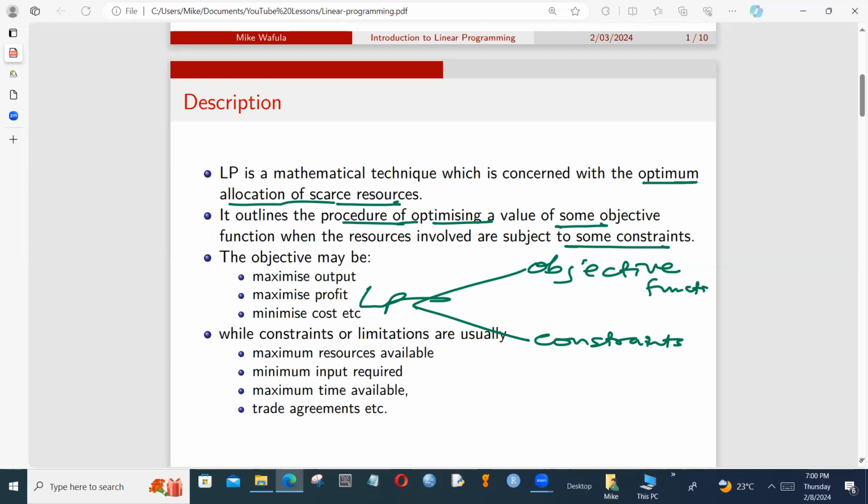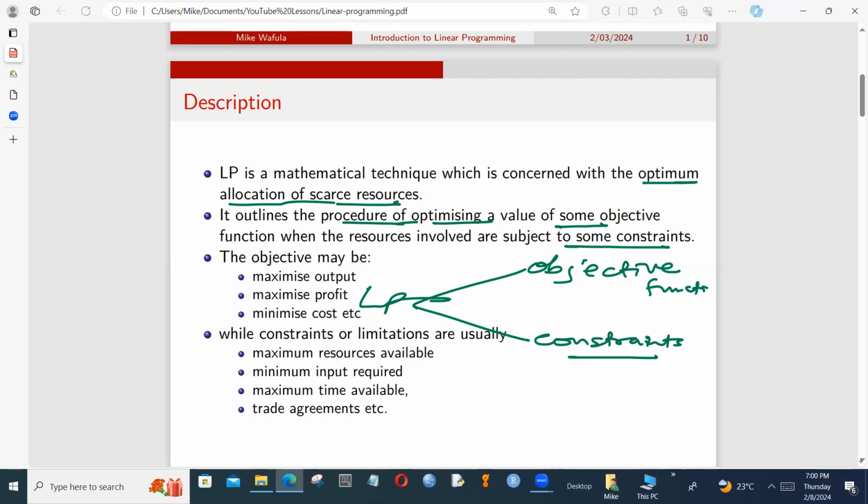And then the other component is constraints. Constraints are simply restrictions or limitations. As you try to get the best outcome, you have restrictions that you have to fulfill or work within, and so they guide this objective function.